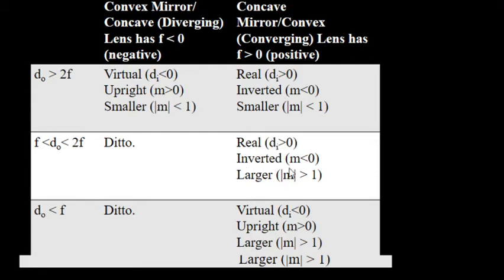And we can actually figure out exactly where it is. This down here on the bottom is the only one that makes sense. It's larger, so we can rule out the smaller, right? Because we have just rationalized that the image of the eye is larger than the object. So we're down here in the larger, and we can actually tell which one of these two it is by the fact that we saw an upright image of the eye. It's not inverted. So this is a virtual, upright, and larger image of the eye. The only place that that is possible is if the object is inside the focal length of an eye.